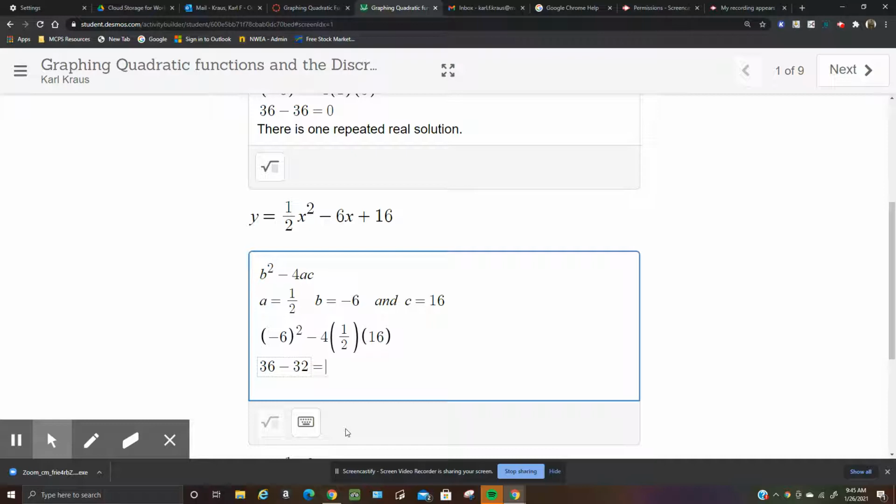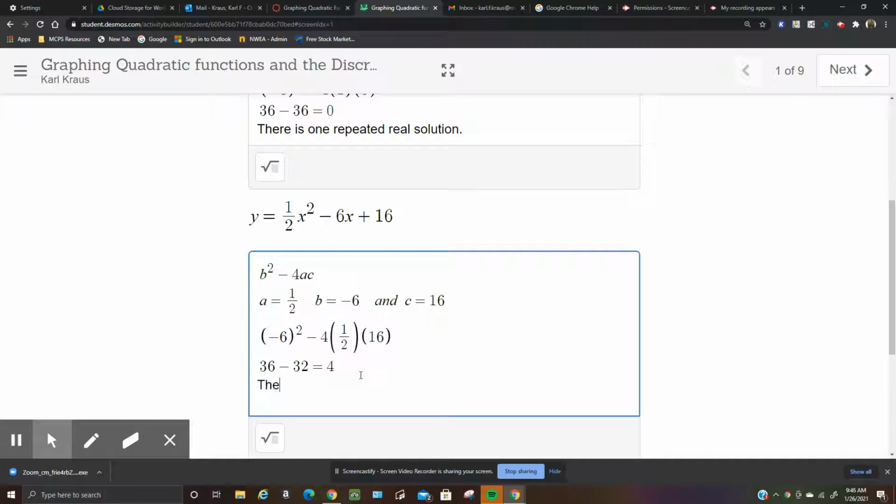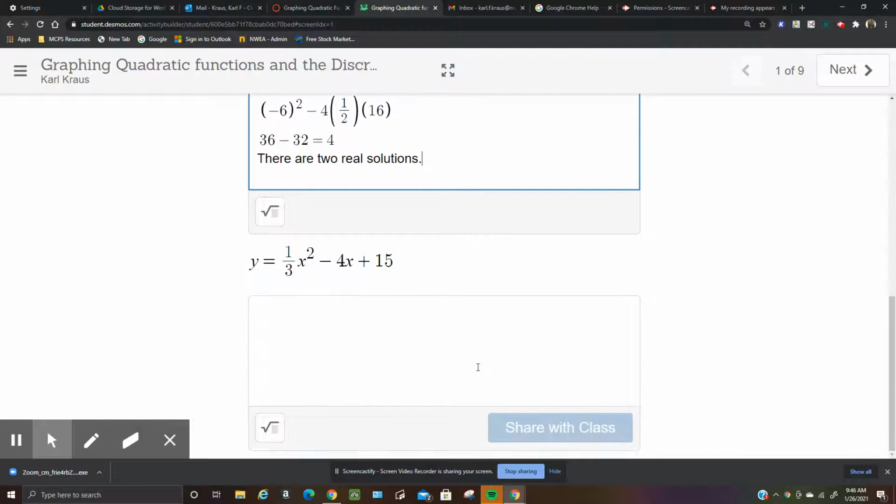So that's equal to 4. So there are 2 real solutions. So if the discriminant is greater than 0, or positive, then there are 2 real solutions.